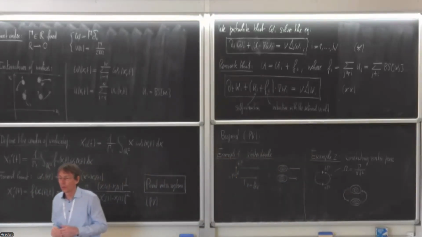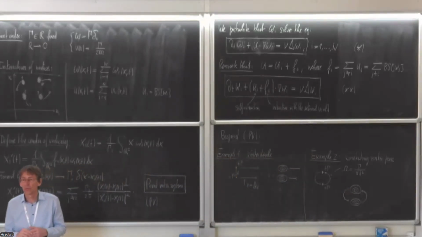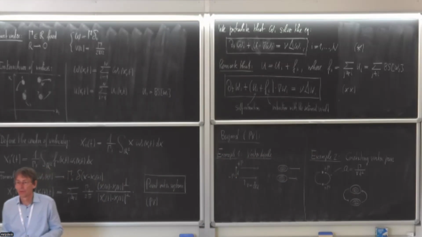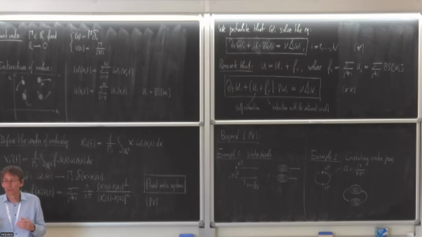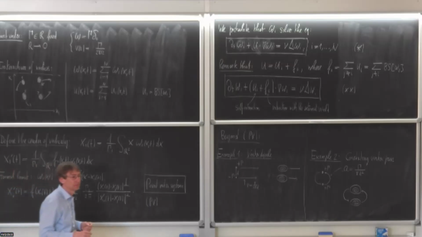So what I want to describe here is the well-prepared case where you start from a Dirac mass, and then, if I have time, the little that is known in the more general case. But the canonical problem to study is really when you start with a Dirac mass for Navier-Stokes. But this raises some difficulties. Is it possible? Do we know that the solution exists and things like that?